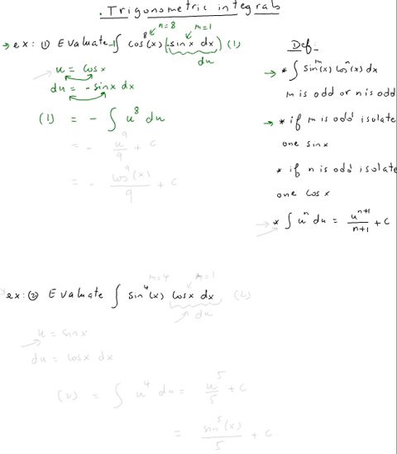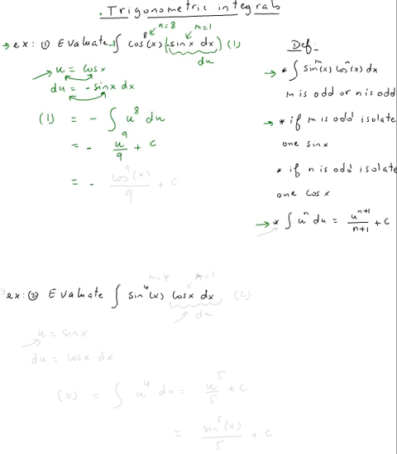And this is a really simple integral. The formula is right there. The integral of u^n du is u^(n+1) over n+1 plus c, which means this is going to be equal to minus u^9 over 9 plus c, since 8 plus 1 is 9. And then you substitute back cosine x for u.